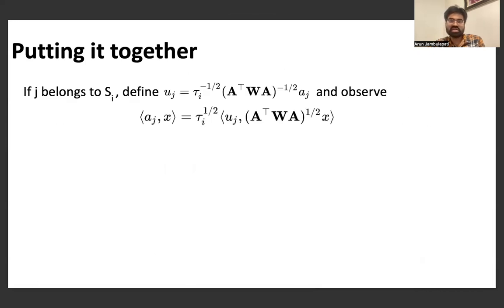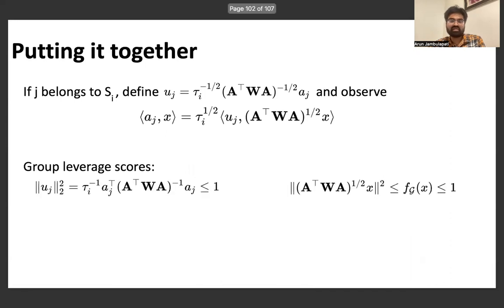To use this, we're going to define u sub j's as a function of our group leverage scores tau and w's. So we're going to define u sub j in this way. And we observe that the inner product of a sub j and x can be written as follows. By the notion of group leverage scores we defined, the 2 norm of any u sub j is at most 1.